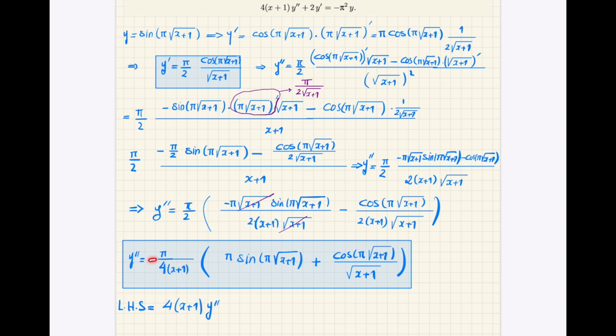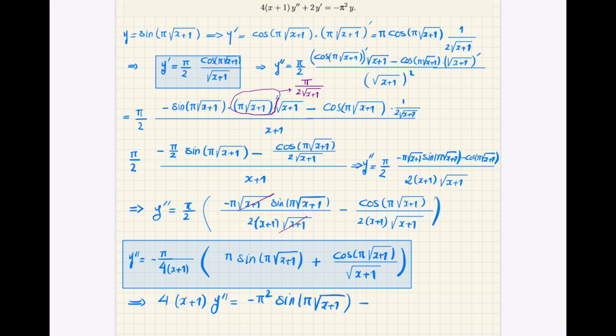I am left with negative pi, and then I multiply negative pi inside. Let me write it in this way. I think it would be more effective if I do the calculations once more. So this means that 4 times x plus 1 times y double prime is minus pi squared sine of pi square root of x plus 1. I think if I do it in this way, it is easier.